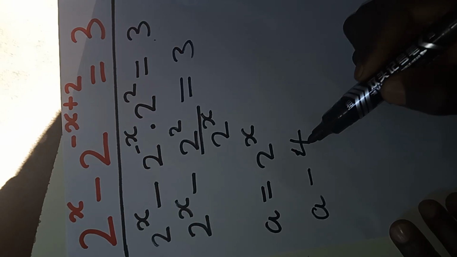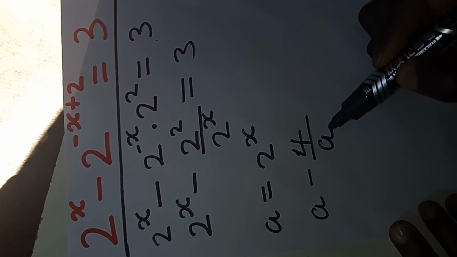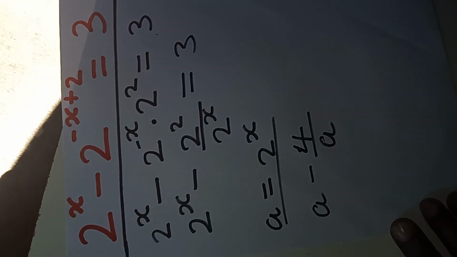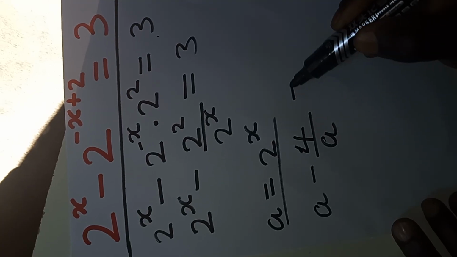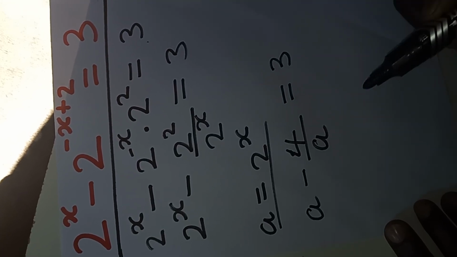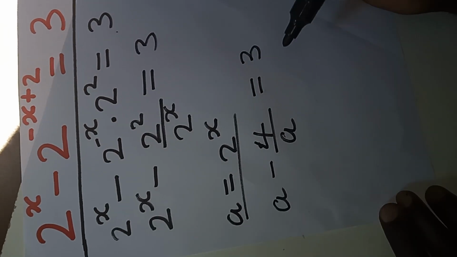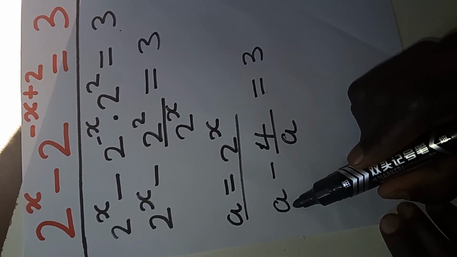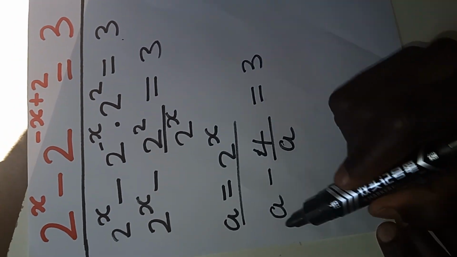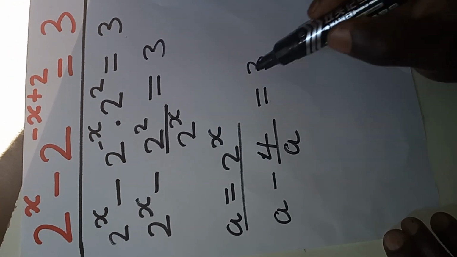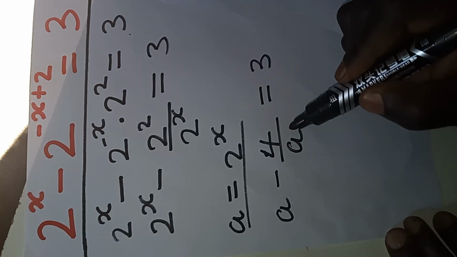It's 4 over a, because we're now working with this one here. 4 over a is equated to 3. We'll come back to this part as we solve this question. So I want now to solve this mutated equation. I want to solve it for a.